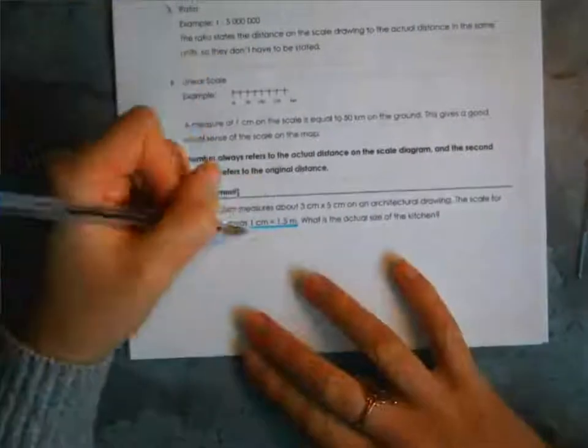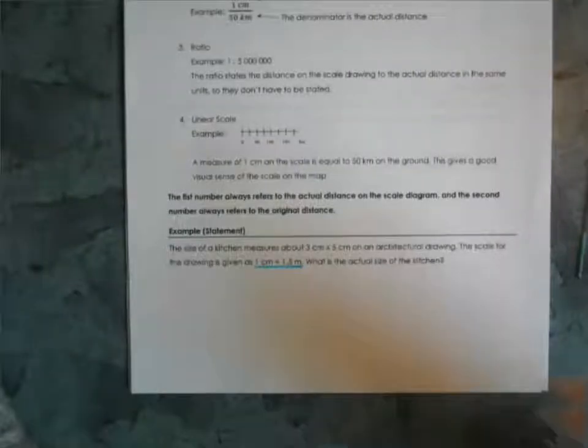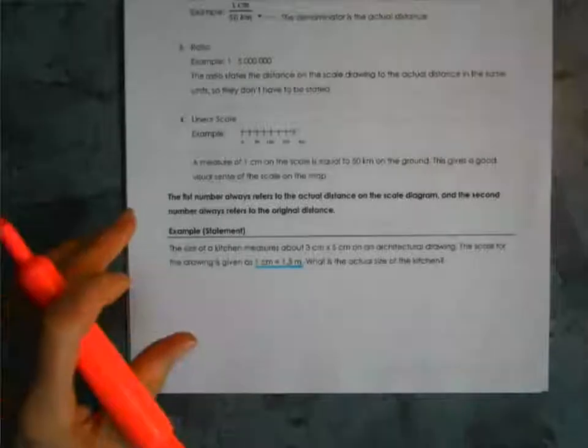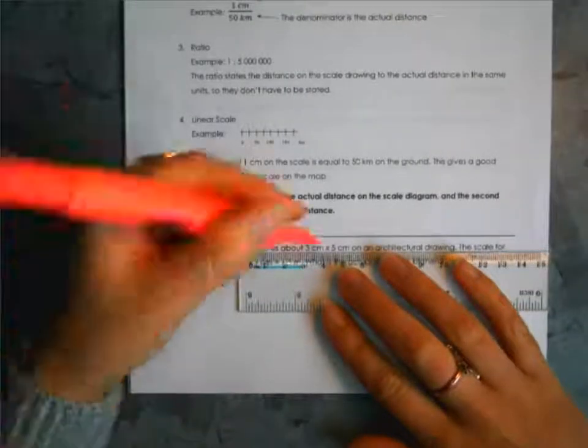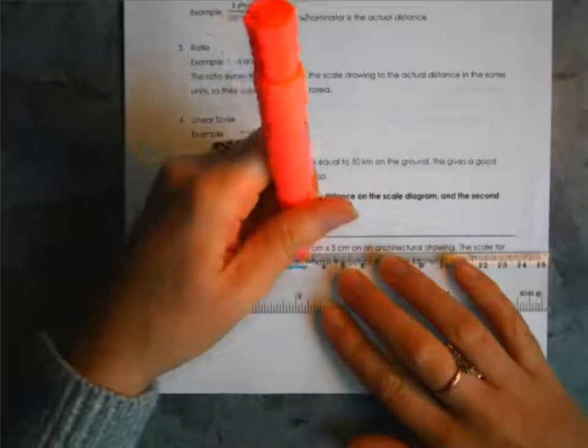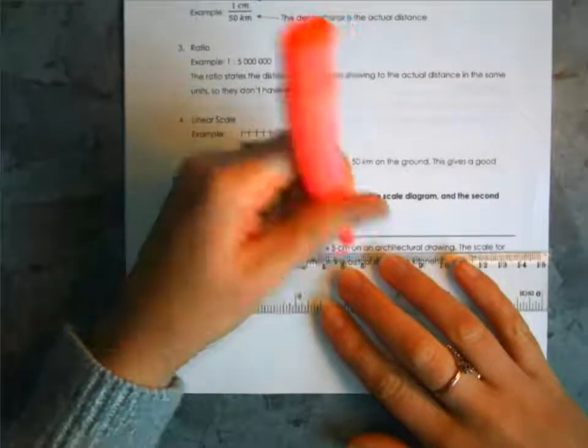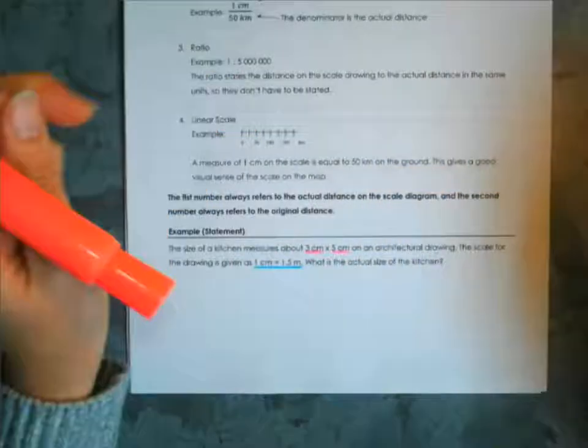So that's our kind of way of representing scale. And the actual information we're given is, these are our two different measurements or our dimensions.